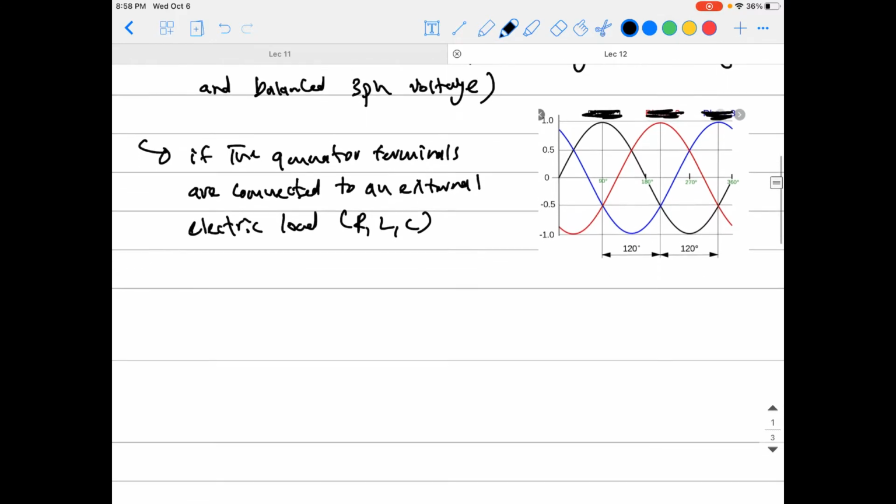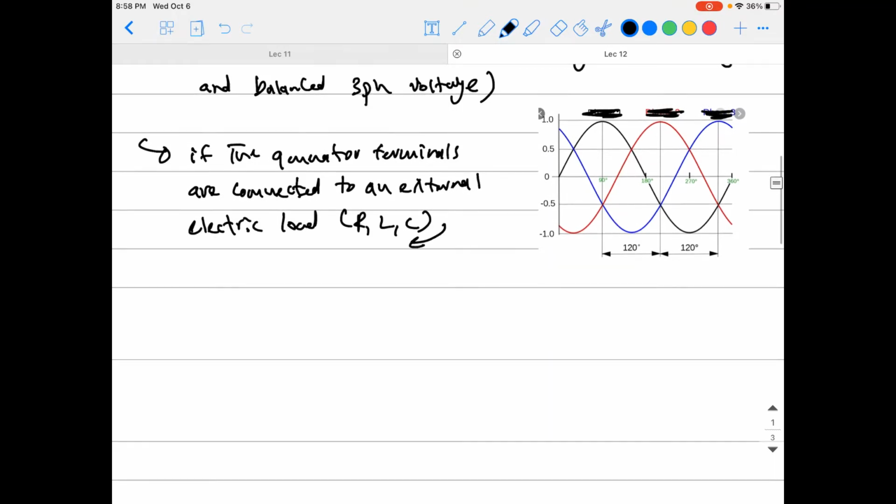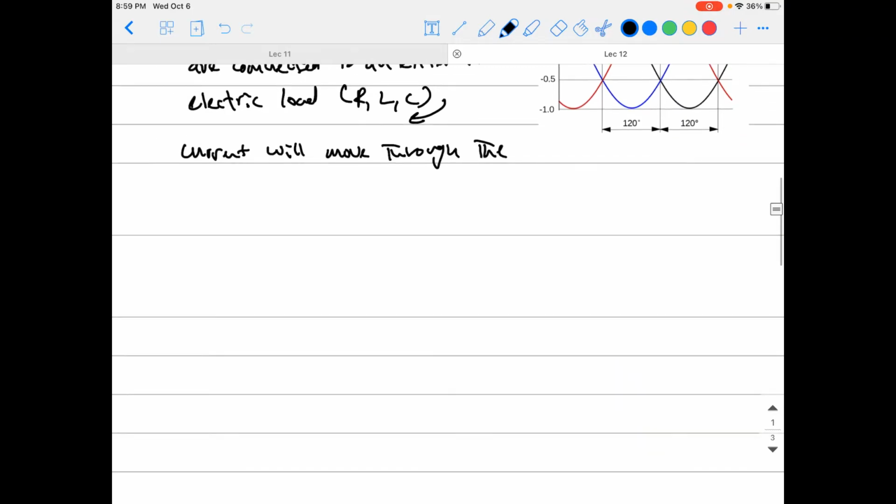So if the generator is connected to an external load, whatever this load is, now you have voltage applied to this load, so current will move through the armature winding and go into the load.